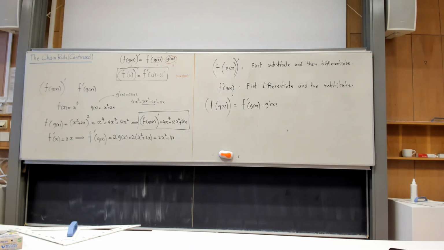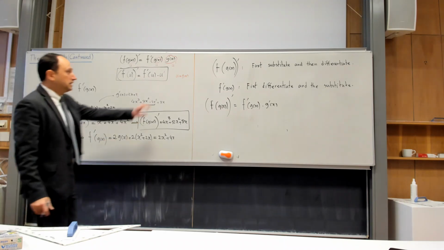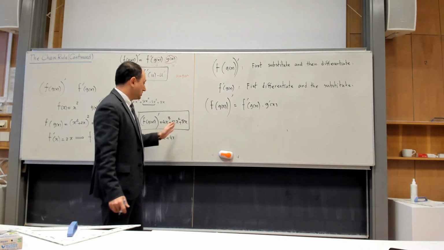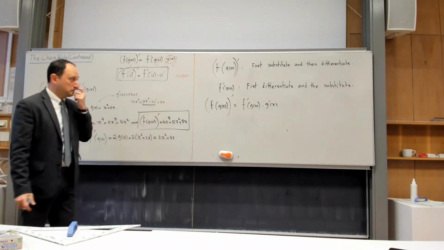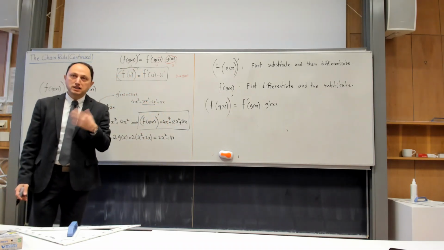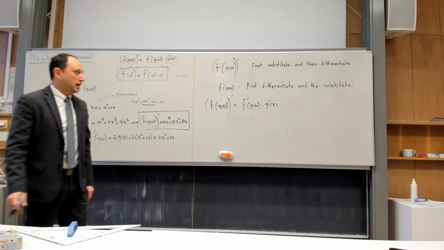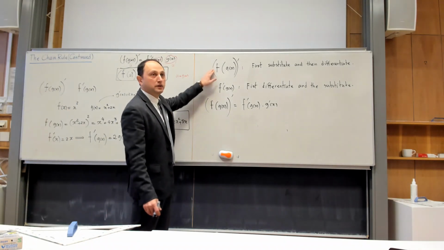It is also sometimes possible, but that is not a general rule. In general, these two are not the same, as you see from a very simple example on the board. But now I'm asking you, is it possible in some cases that these two become the same?